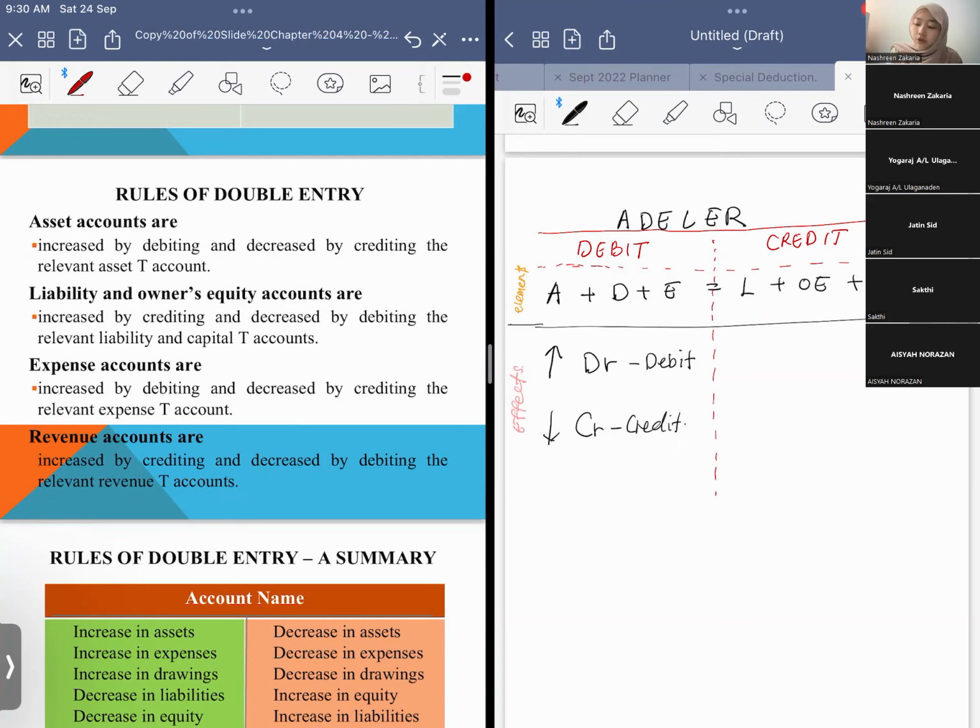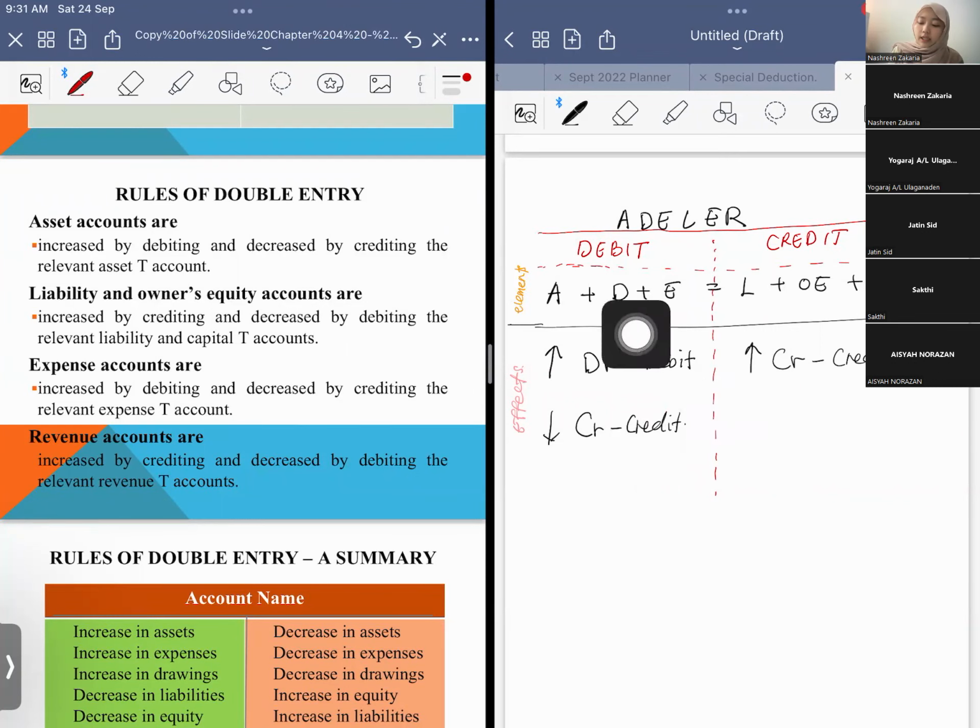Right? So if the liability is increasing, or owner's equity, our capital, or our income is increasing, we will credit the account.